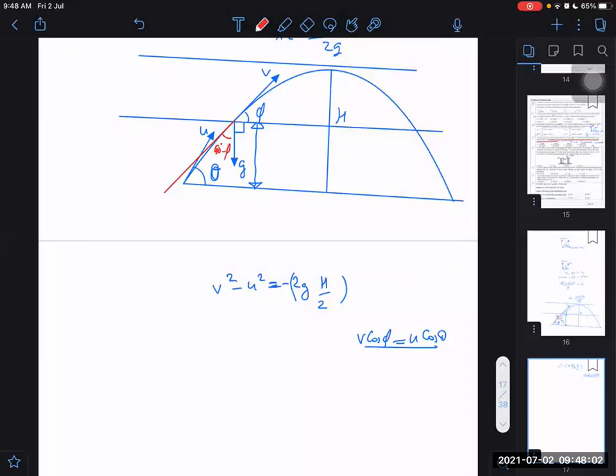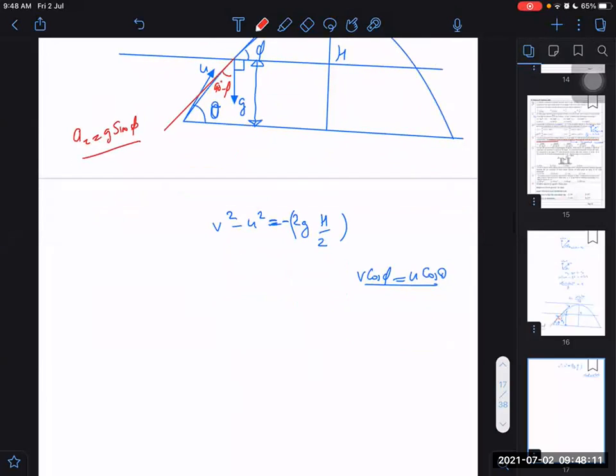So tangential acceleration is g sin phi. If you are able to obtain sin phi, then we get the tangential acceleration. That is equal to the rate of change of speed, which is d of mod v by dt, the tangential acceleration, g sin phi.